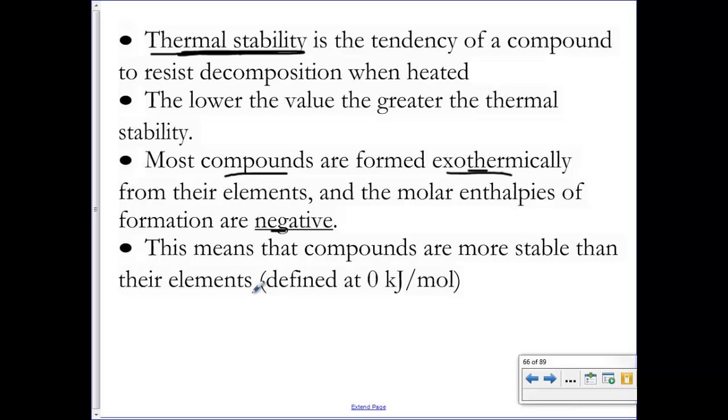The more energy something requires to decompose, the more stable it is. Long story short, big negative numbers equal stable, in formation reactions. So in your data table, the larger the negative number, the more stable it is.